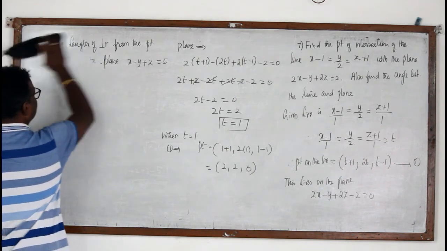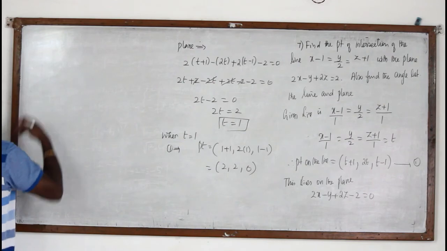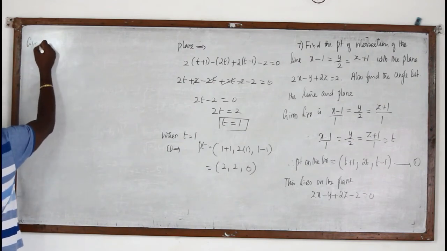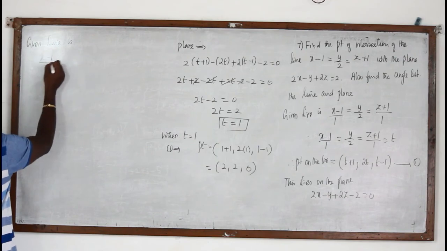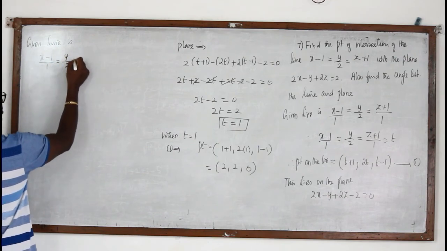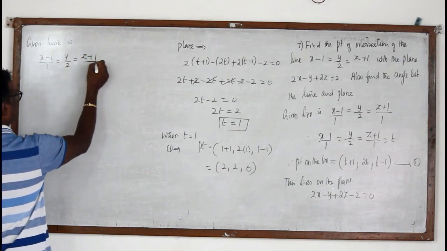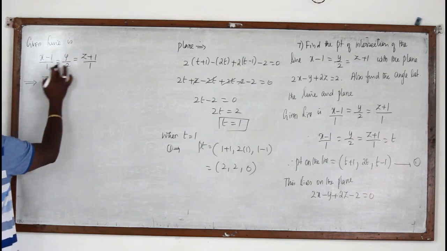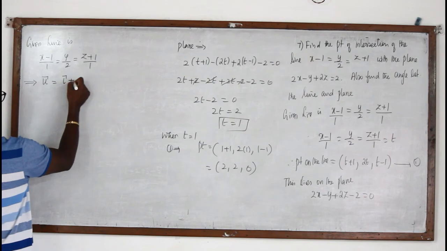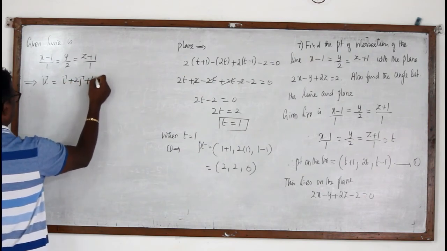I have to find the angle also. So once again, the given line is x minus 1 by 1, y by 2 equal to z plus 1 by 1. Then the u vector is, remember the denominators are the vector components, i plus 2j plus k.